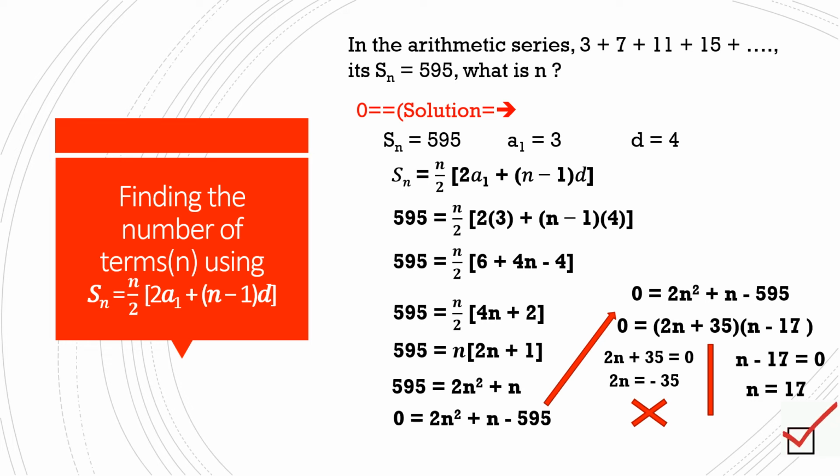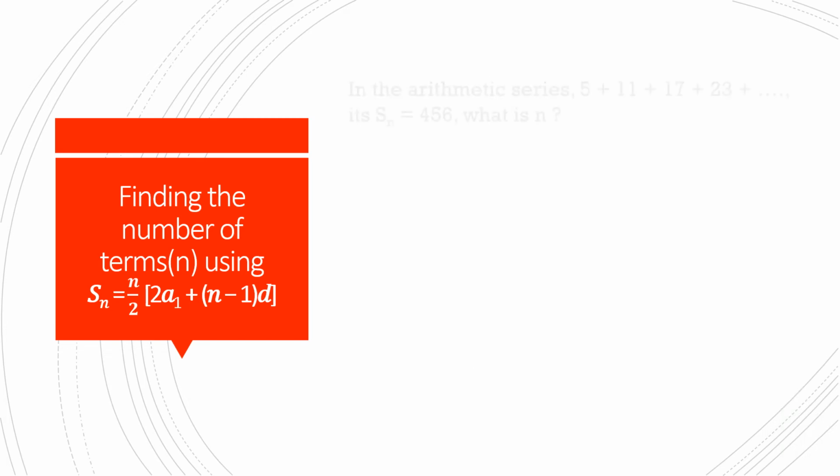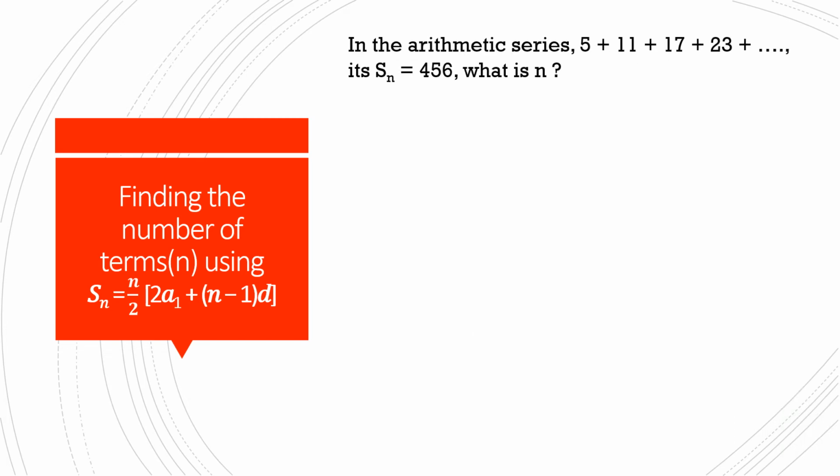So our n in the expression is equal to 17. That means there are 17 terms if we add 3, 7, and so on, in which the result is 595.